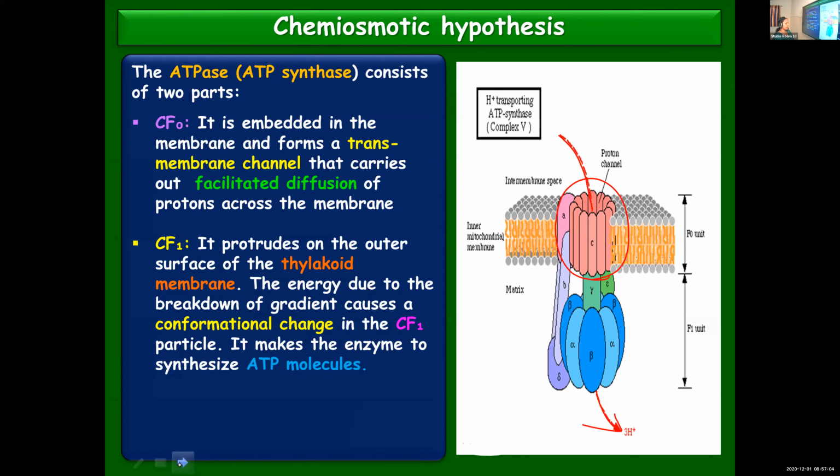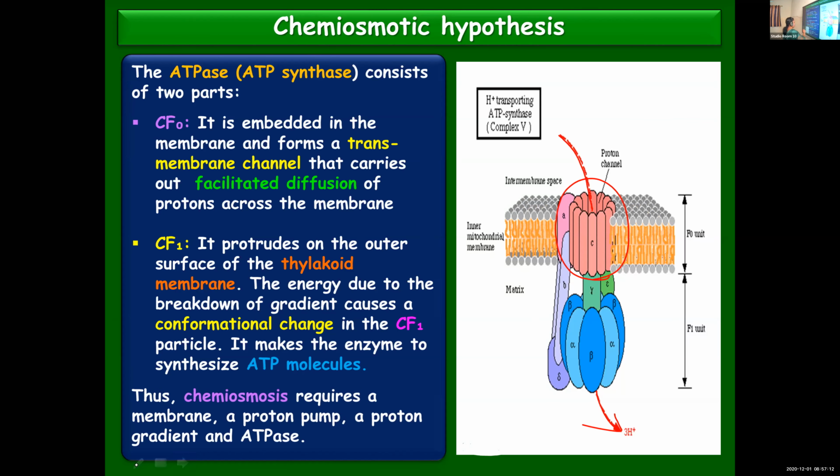And CF1, the next part of the ATPase enzyme, as you can see, is protruding out from the thylakoid membrane. This part is the stroma. This one is the lumen, and this is the membrane.